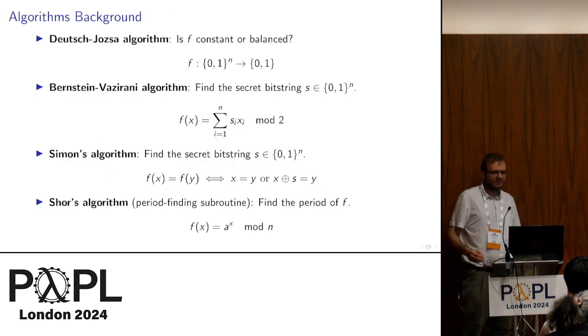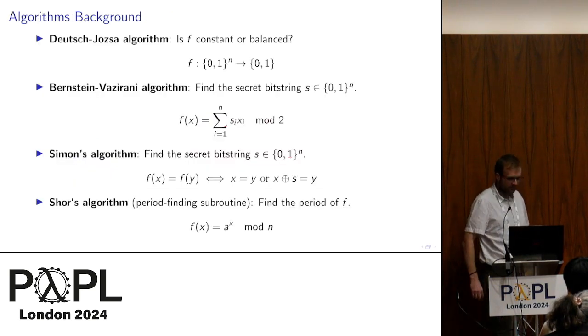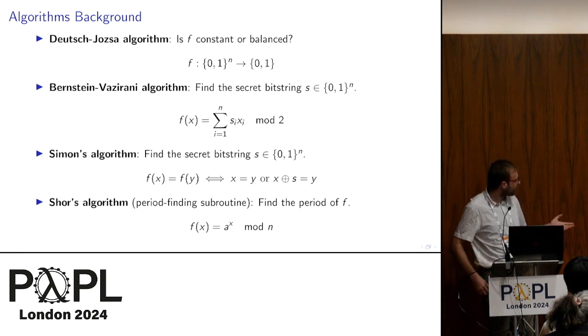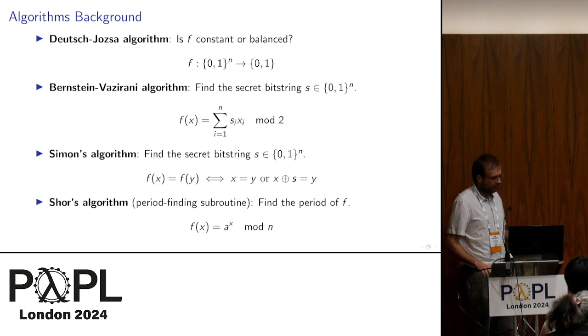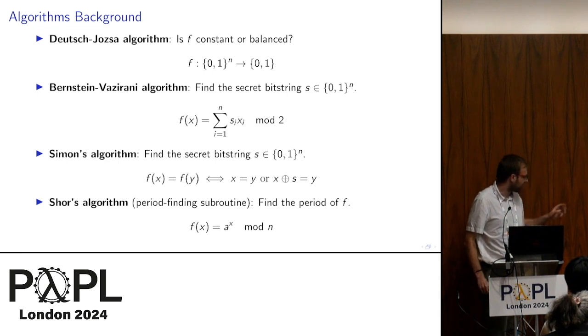So I'm sure most of you are familiar with these algorithms, but these are the four algorithms that we focus on. They are algorithms where there is a known polynomial or exponential speed up over the best, or in the case of Shor's algorithm, the best known classical algorithms.